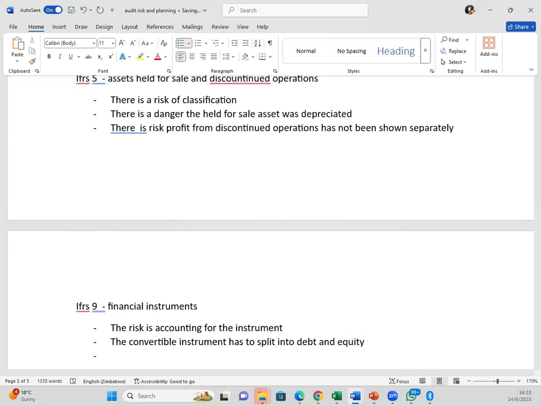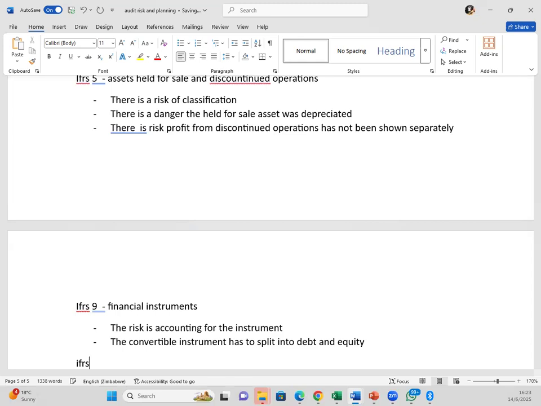So there are quite a lot of areas for IFRS 9. You can cover that when you're doing F7. Then besides IFRS 9, IFRS 10, business combinations, but let's just move to, I think the next one is IFRS 15.